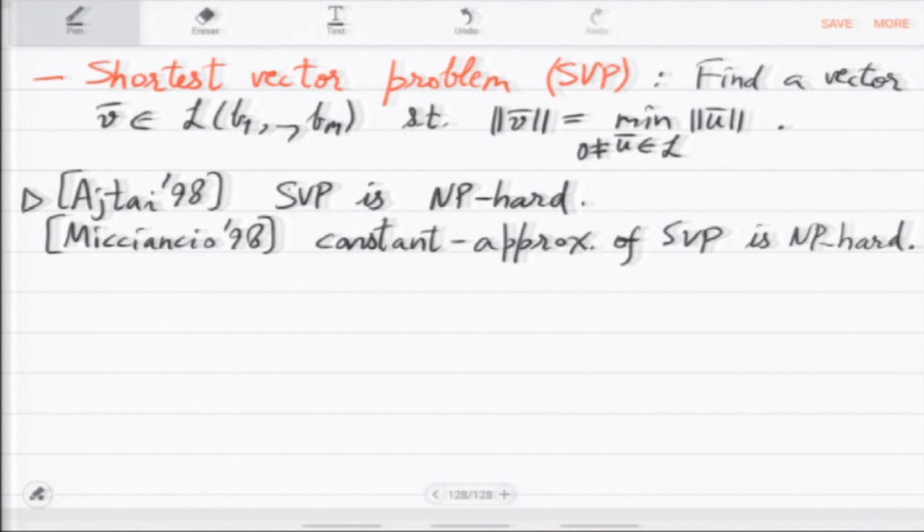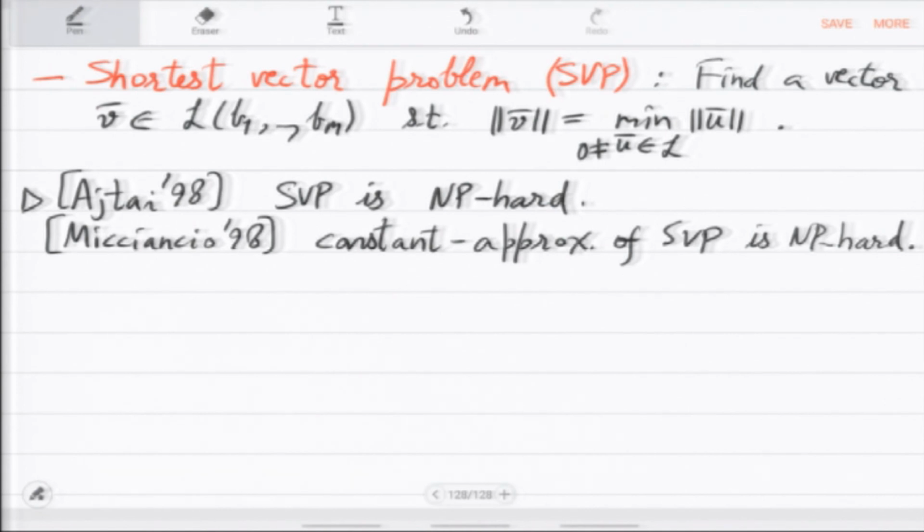Then it would seem that this step 4, where we want to find a short vector satisfying a linear system, may be NP-hard. We may have reduced to a hard question.